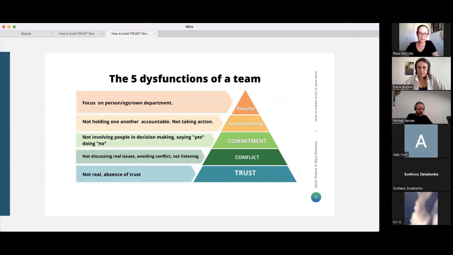When we don't have trust, we can't really solve conflicts. They are combined, like a weight that we collect over months and years, and then it's too big and we just switch jobs. Also, when we can't solve conflicts, we say yes, I will do this, but then we don't.